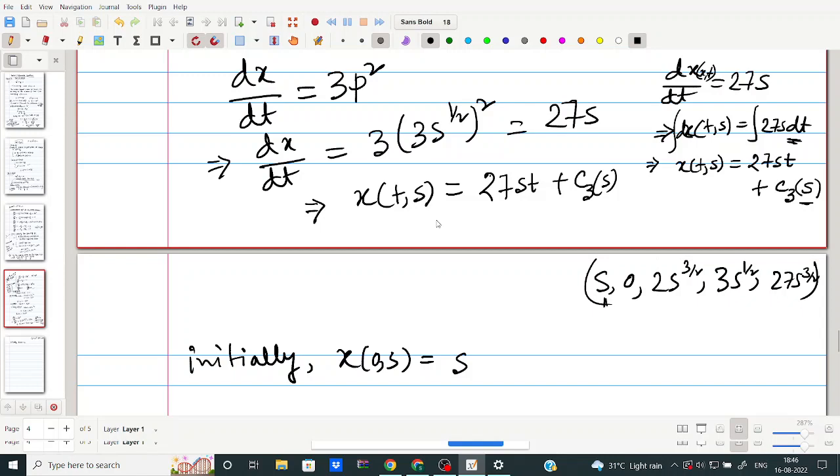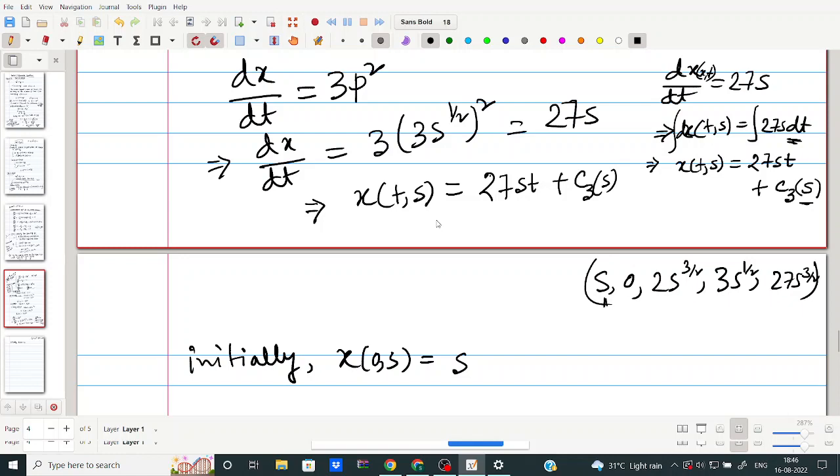So del f del x is my p, na? Del f del x means what? Phi of x. Del f del x means del phi del x. This is del phi del y, and del f del z means minus 1, right? So del phi del x, phi means z, because z equal to phi x y.